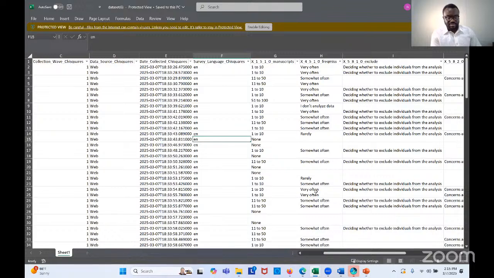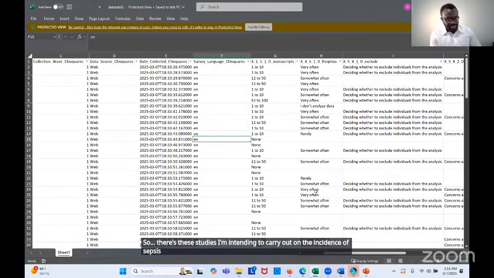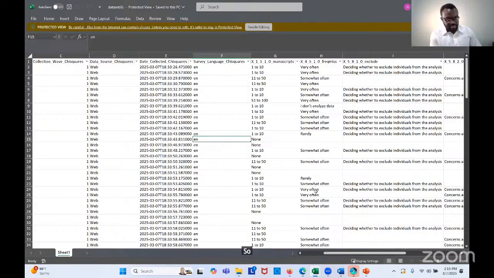There's a study I'm intending to carry out on the incidence of sepsis in children that have been admitted in an SCBU. I've calculated my sample size, and I'm also trying to do the microbiological analysis to find which ones are positive for the organisms.